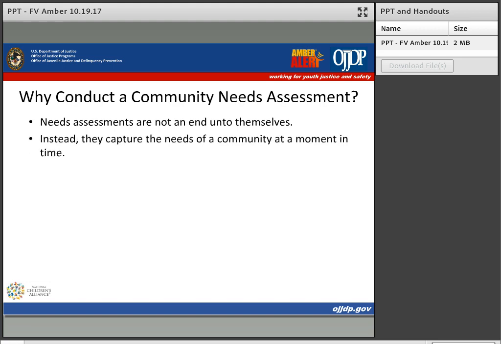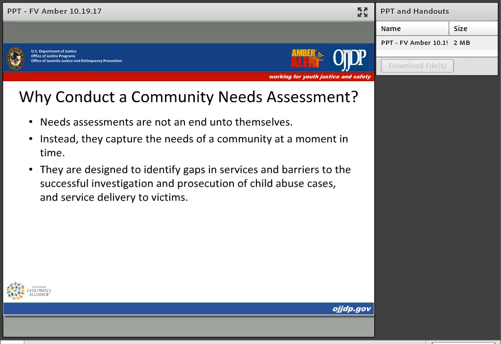We have to understand that the assessment's not an end unto itself. It captures the needs of the community at one moment in time. And so it's an ongoing process. We want to identify gaps in services. We also want to look at what are the barriers to successful investigation and prosecution. They may differ, but it's important that we understand the best way to deliver services to our victims.